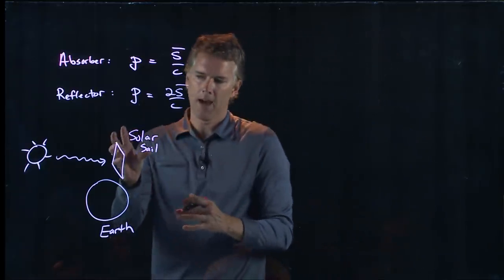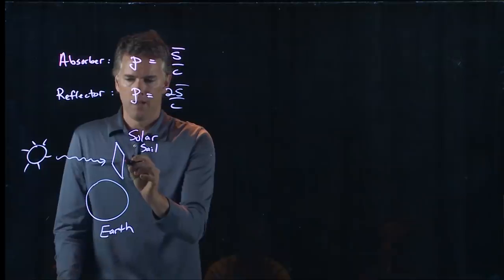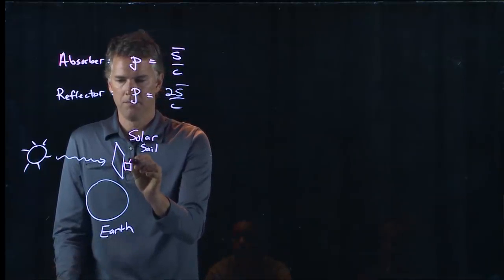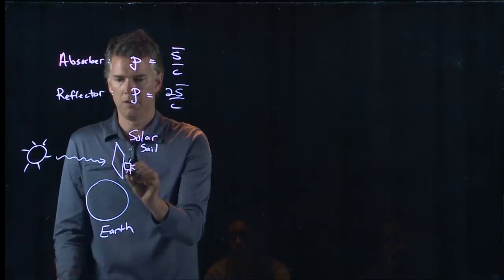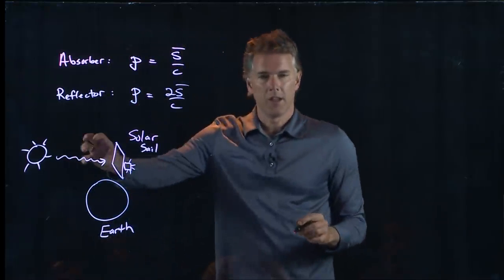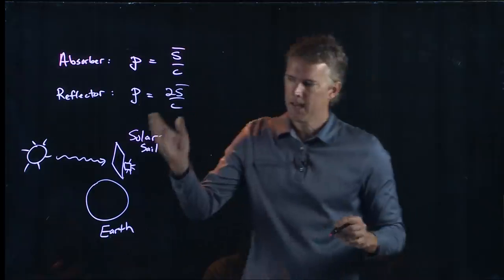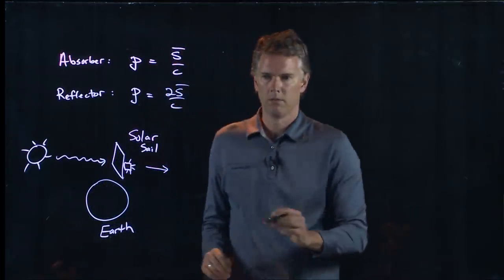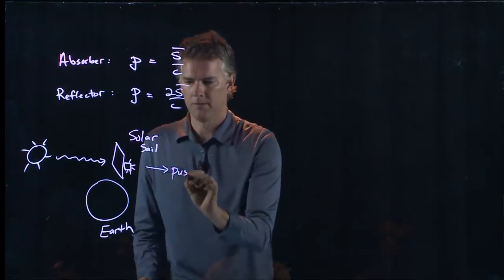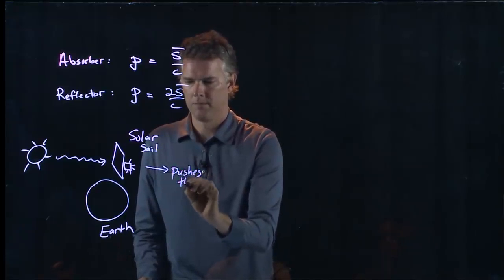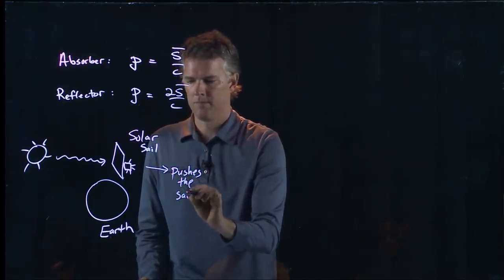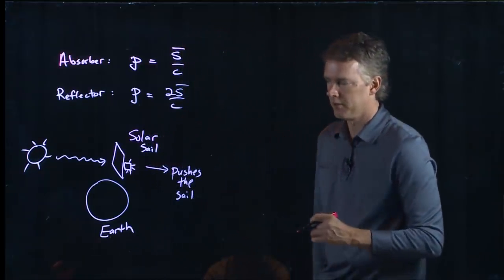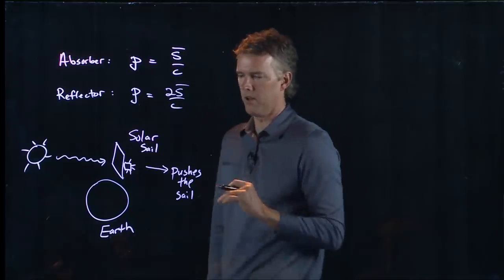And so if that little spaceship has a big sail on it, and we'll attach it to our little spaceship, put some antennas on it, the sunlight that's going to come in hits the solar sail and pushes the spacecraft. Okay? And this is a real project that humans have undertaken, right? This idea of a solar sail.